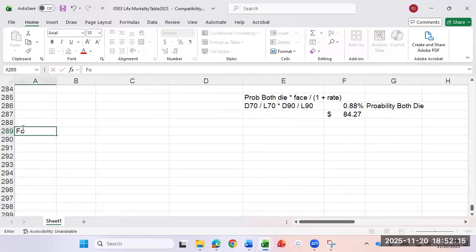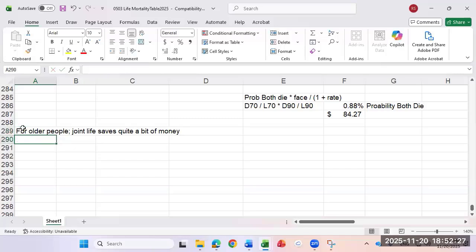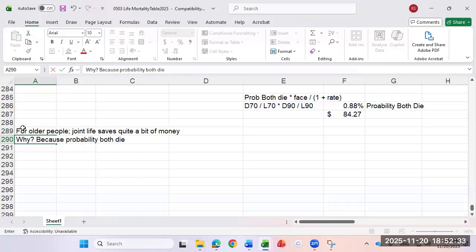For older people, the joint life saves quite a bit of money. So what I want you to understand, you'll see on the exam how I ask it. Why is this? Because the probability of die is significantly higher than 0.